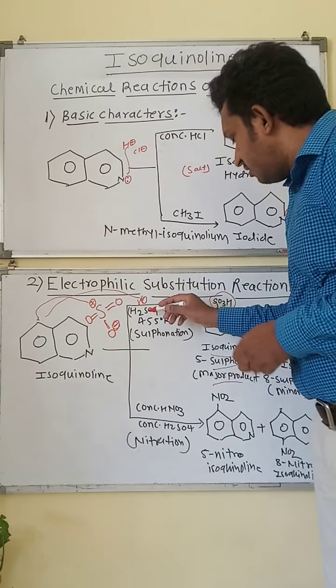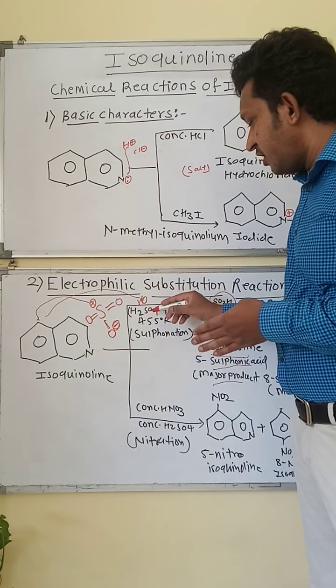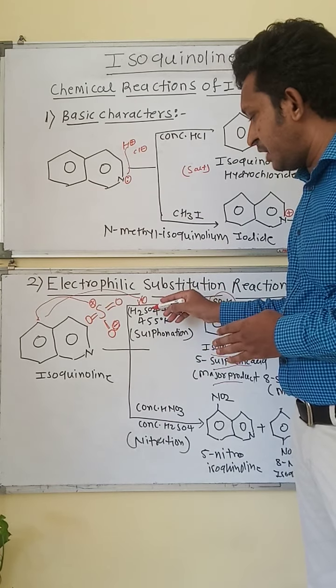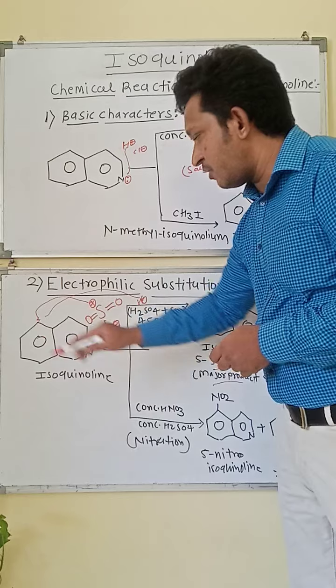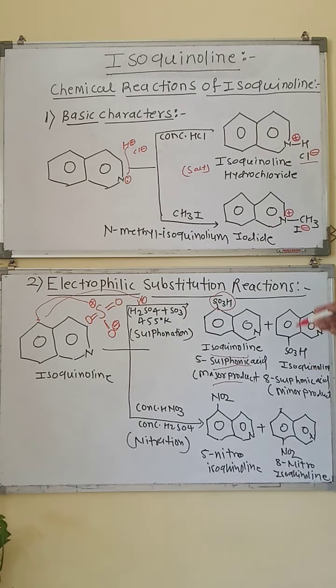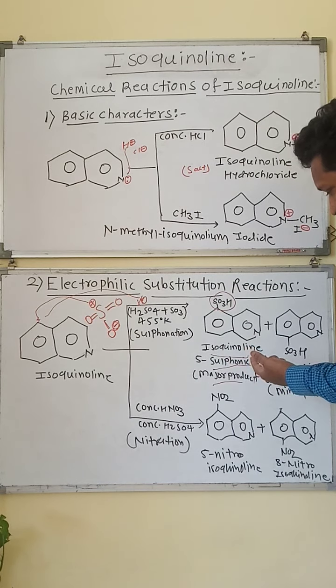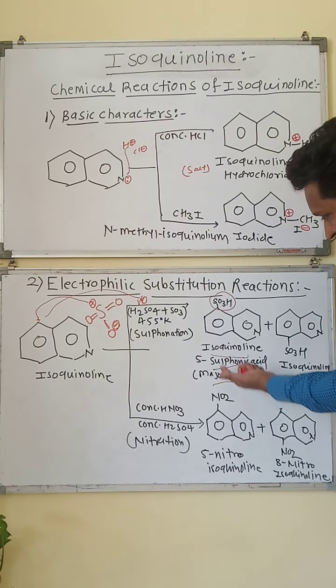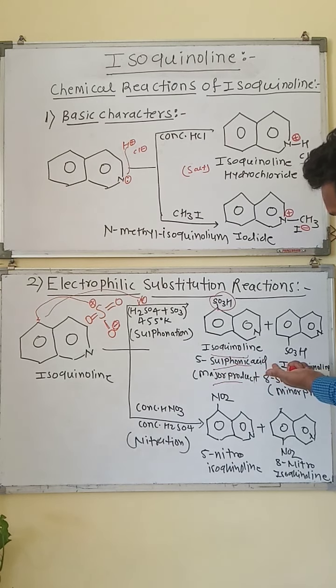Now the H2SO4 becomes HSO4 negative. That is the base. It extracts the proton from the fifth carbon, and H2SO4 is formed again. This reaction is called sulfonation. So we get a mixture of products: isoquinoline 5-sulfonic acid along with isoquinoline 8-sulfonic acid, which is the minor product.